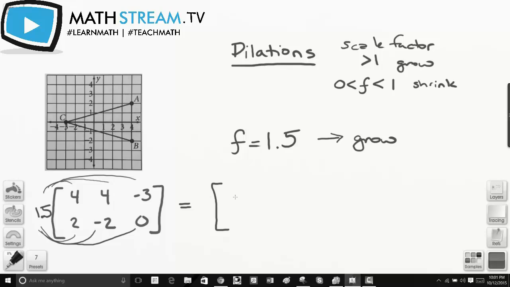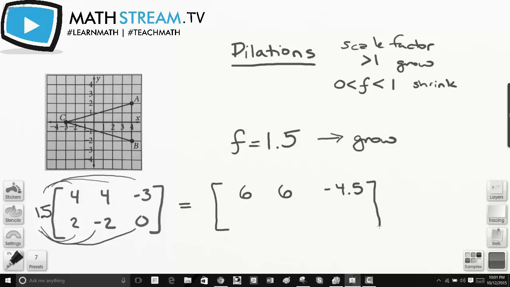1.5 times 4 is 6 because it's 1.5. So 4 plus half of 4 is 4 plus 2 is 6. Same here for the 1.5 times 4 again. 1.5 times -3 would be -3 and -1.5, so that'd be -4.5.